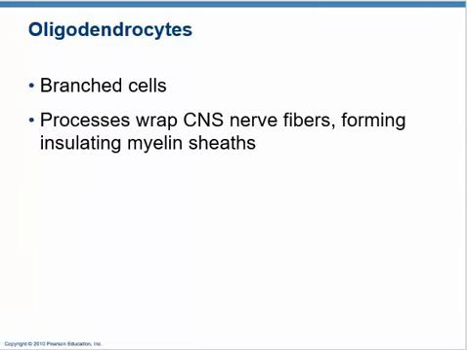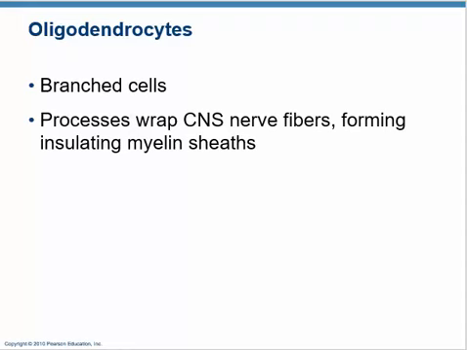The last one in the central nervous system is something called an oligodendrocyte. And what these cells do is they form the myelin sheaths that insulate one neuron from the other. And they speed up the transmission of action potentials along these neurons. They are very important.